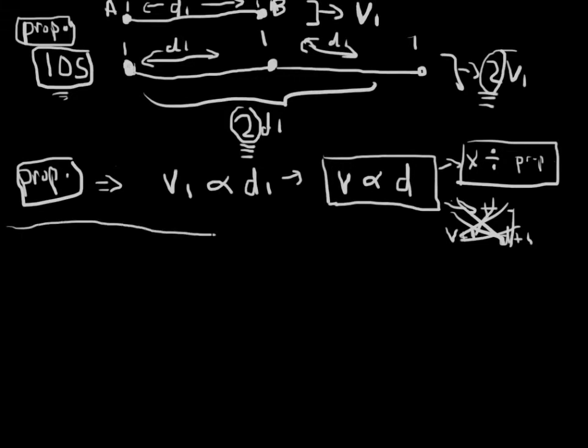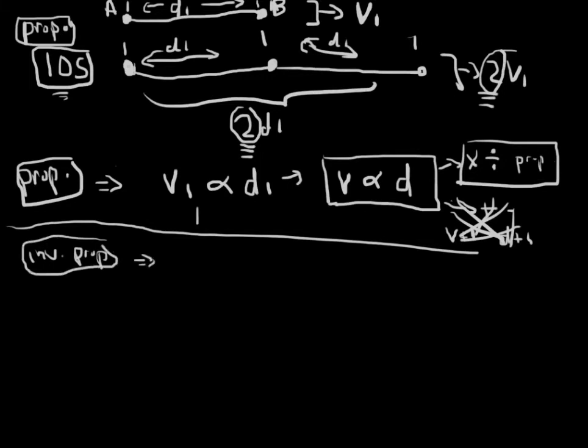So what are things that are inversely proportionate? Inversely proportionate things have a similar structure. Let's start with the same kind of graphical and logical example that we had. Let's say you have a 100-meter distance, from here to here.